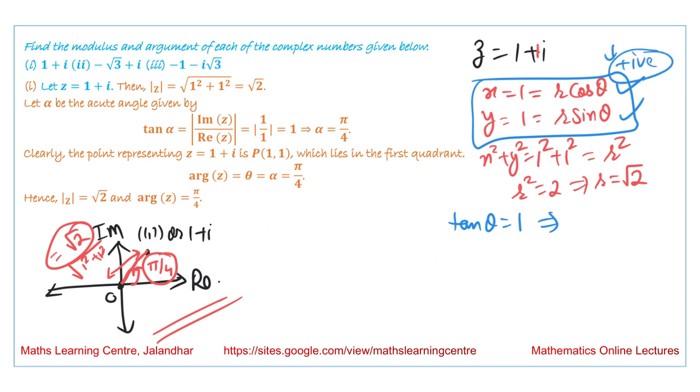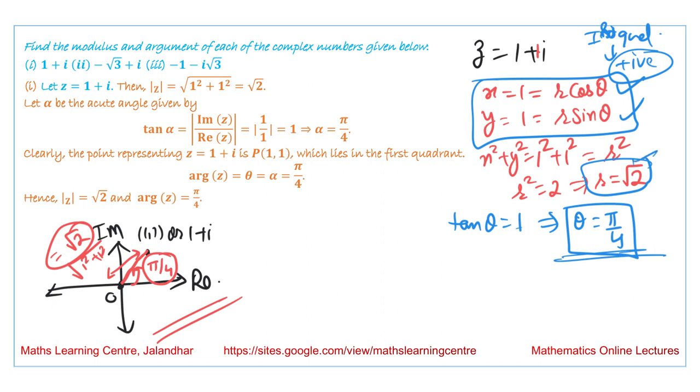It means the value will lie in the first quadrant. For the first quadrant, the value of tan theta is 1, so this implies theta is equal to pi by 4. So r is equal to root 2 is the modulus, and theta is equal to pi by 4 is the amplitude or the argument. And if we have to write the polar form of this number, that will be square root 2 into cos pi by 4 plus iota sine pi by 4.